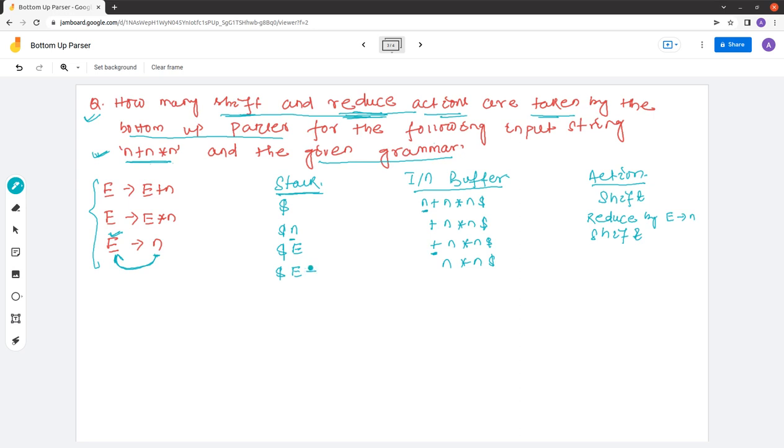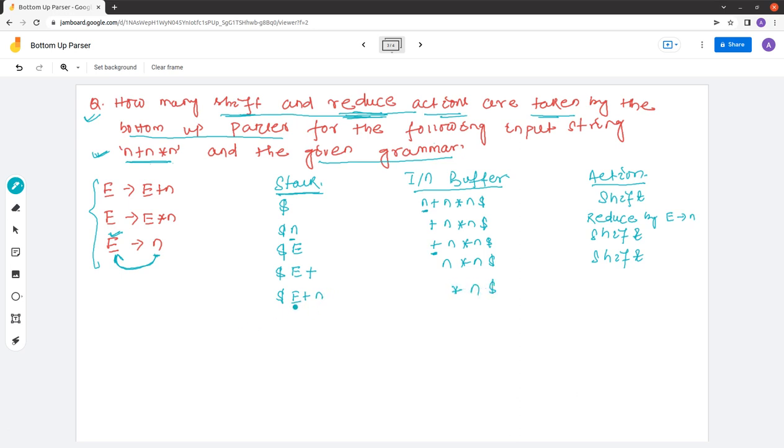Now we cannot handle E plus, because there is no E plus on the right side of any production. So now I'll shift again: the stack is $E plus n, and the input is star n dollar.